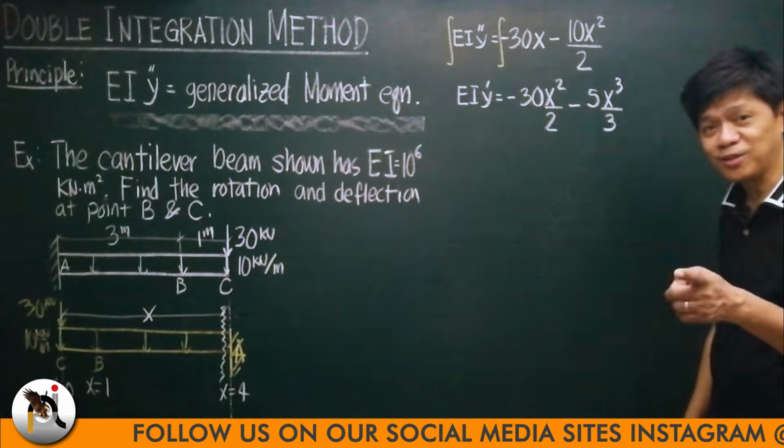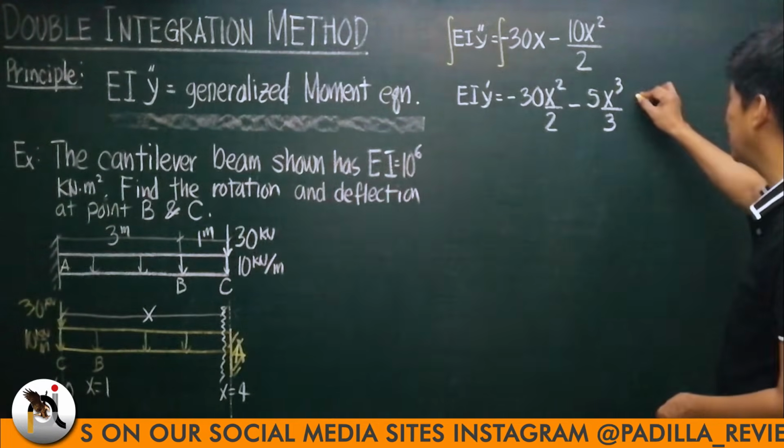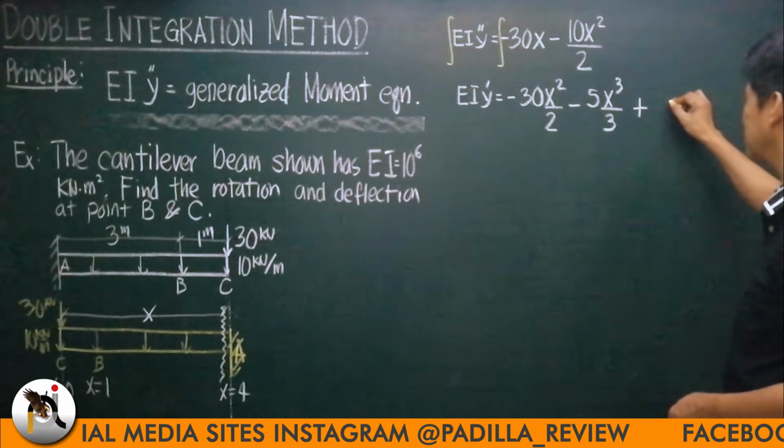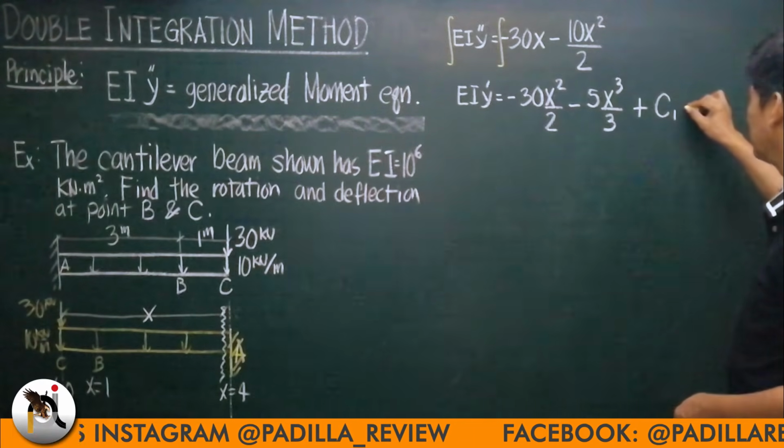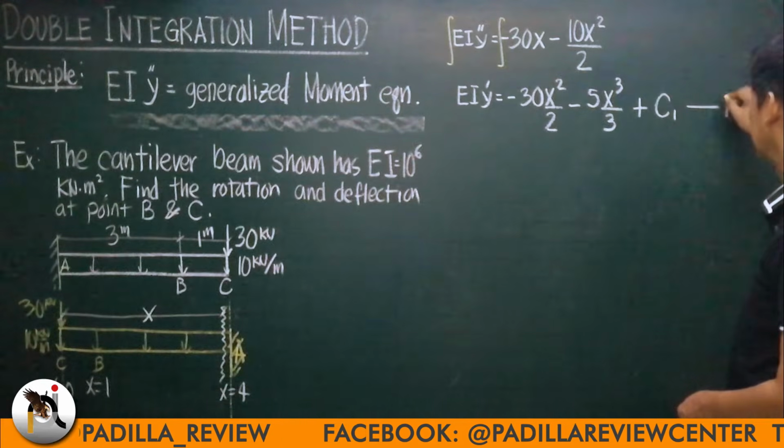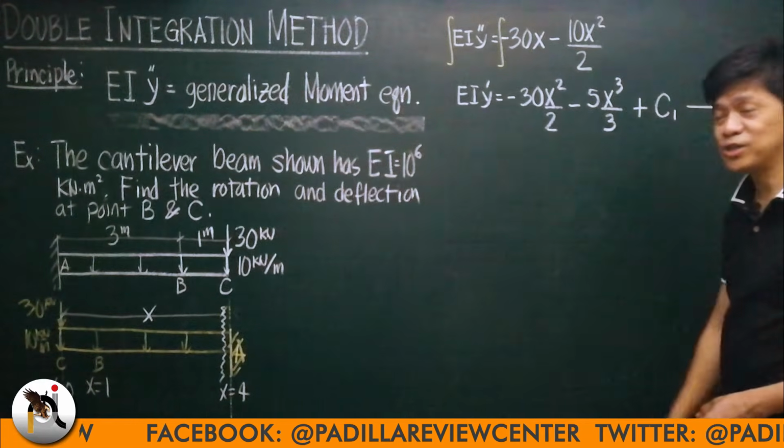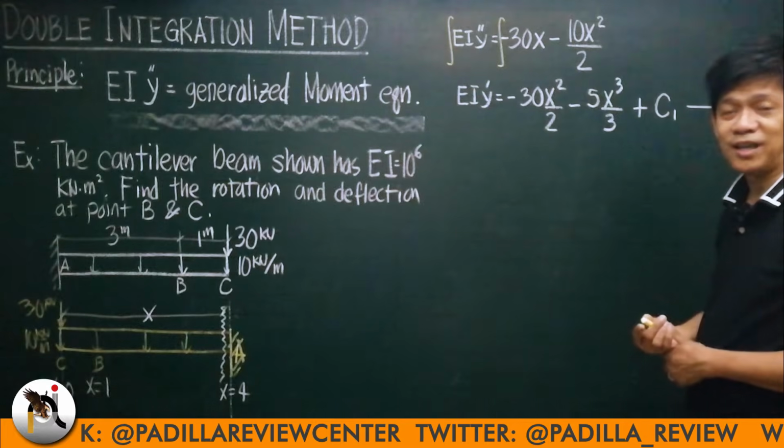Since we integrate without limits, we have to add a constant of integration. Let me call it C1. Let me call this equation 1. Equation 1 is the y prime equation.